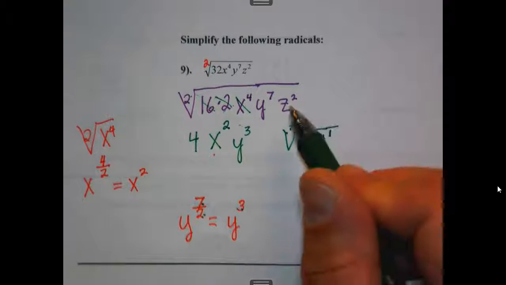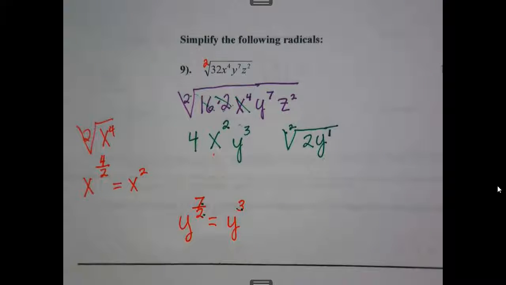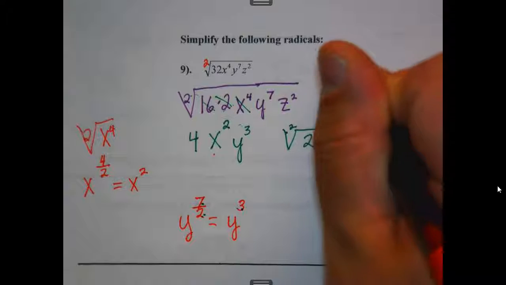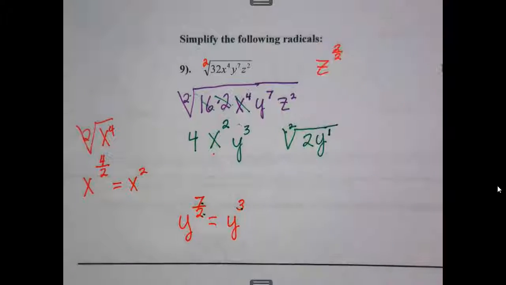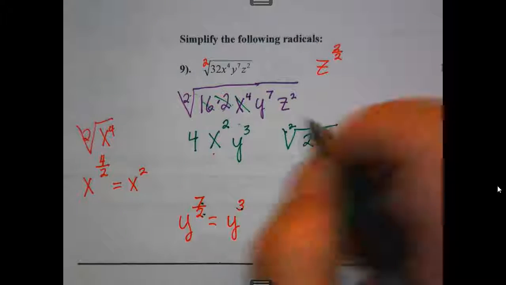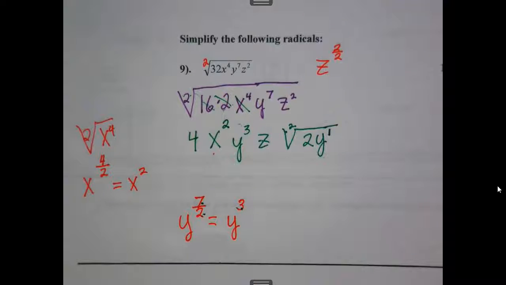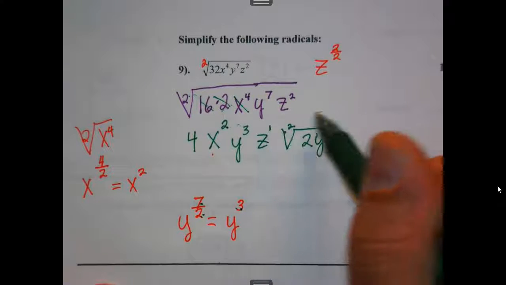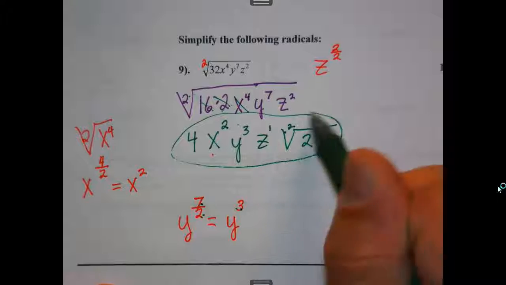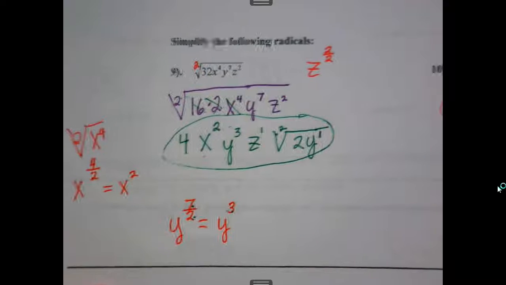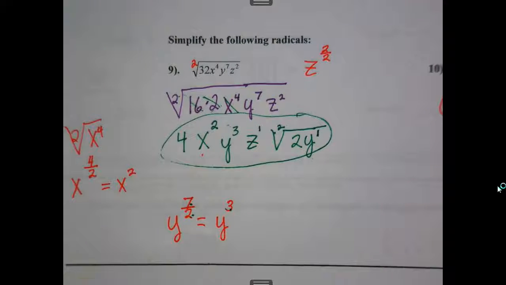Okay, what's z to the 2 divided by 2? Just z to the 1st, right? Cool. Any questions?